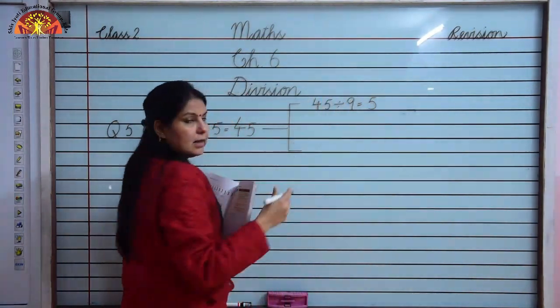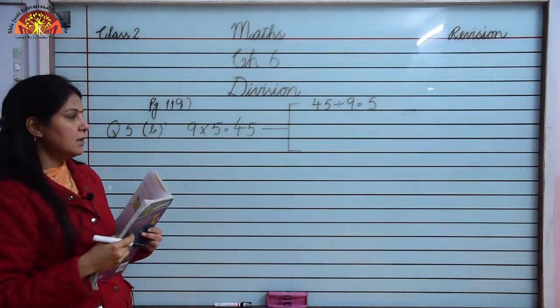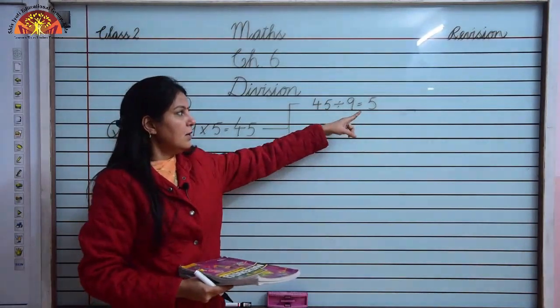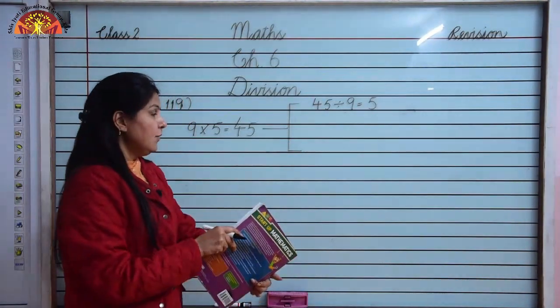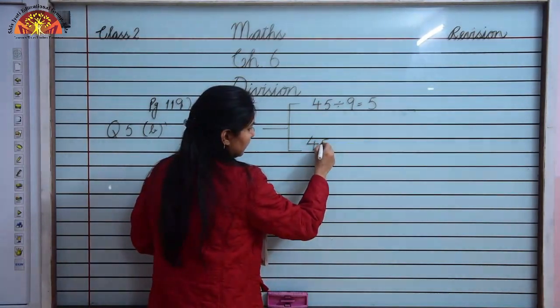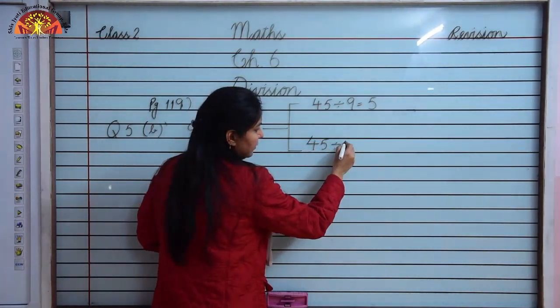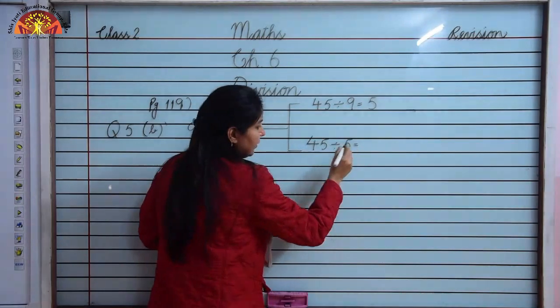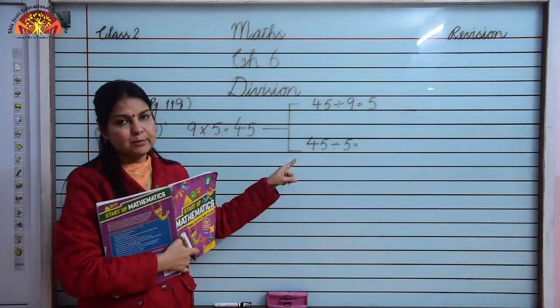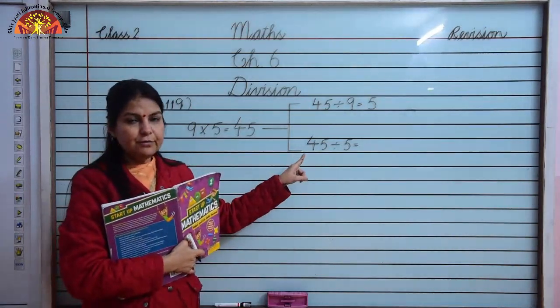9 ones are 9, 9 twos are 18, 9 threes are 27, 9 fours are 36 and 9 fives are 45. Again we will divide 45 by 5. When we will speak the table of 5, then we will reach 9 times to get 45.